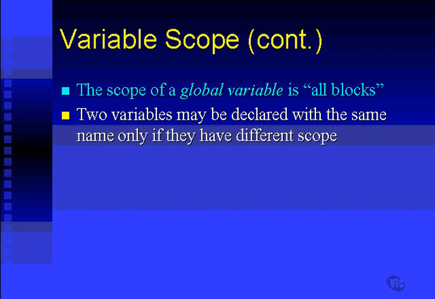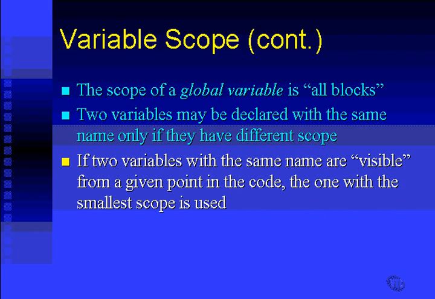Your compiler will allow that. The program will compile and the program will hopefully work. So if you're inside one of these functions, and there's a global variable called count and there's a local variable called count, and you say x equals count, which value does it pick up? Does it pick up the global one or does it pick up the local one? That's a really good question. And here's the answer.